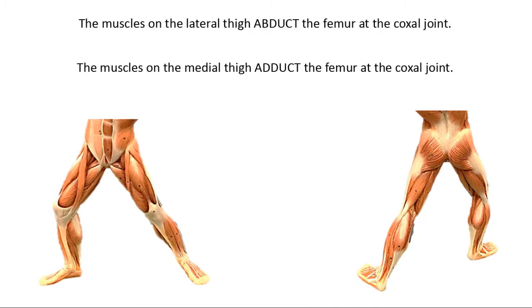We can also talk about muscles that live on the lateral side versus the medial side doing another set of movement words. Those movement words are abduct and adduct. Can anyone remind me, what do these abduct or adduct words mean? Which way are we moving with these particular words?